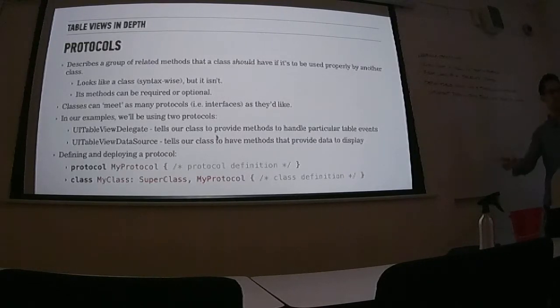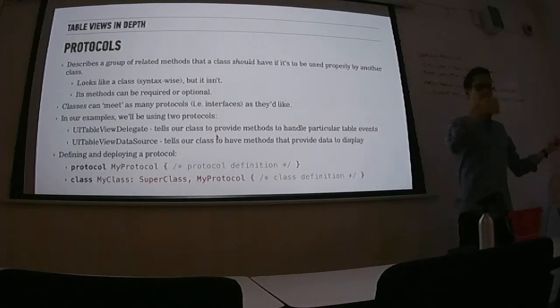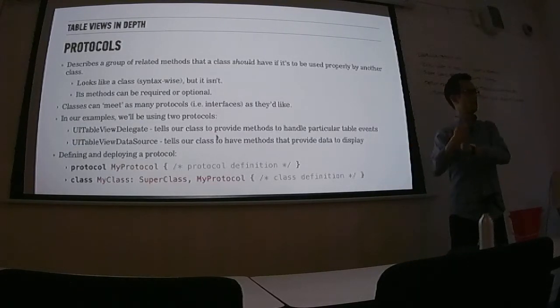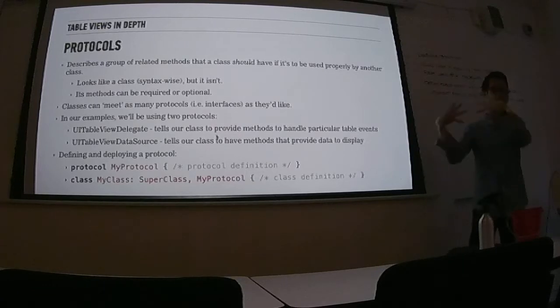And the contract goes both ways, meaning that I know what methods I can call on those objects that Apple provides me, and I have to be able to express to the app framework what methods I'm providing that it expects to see.